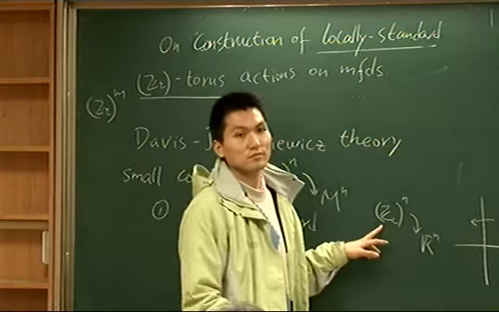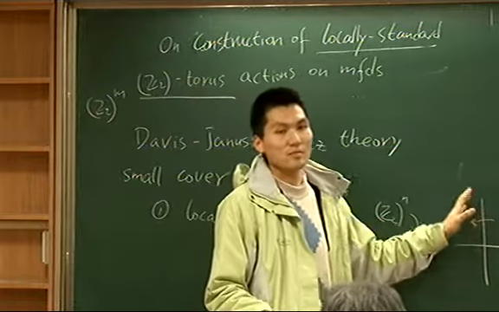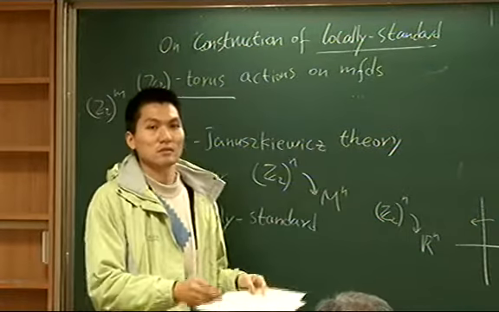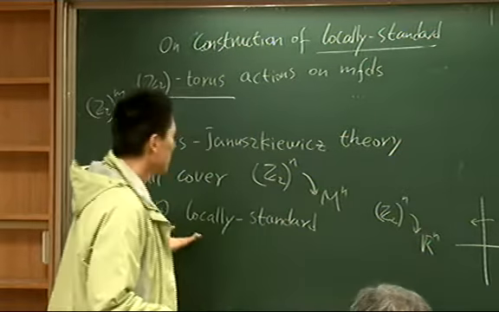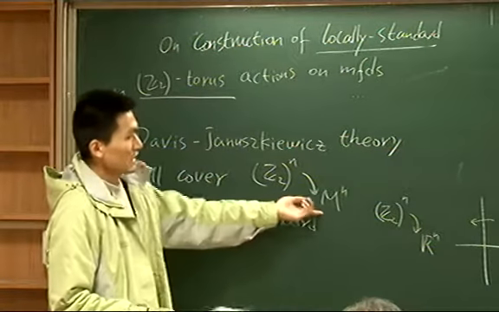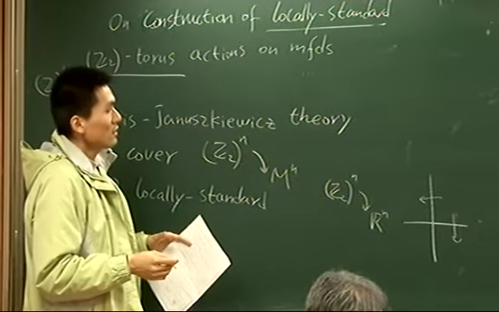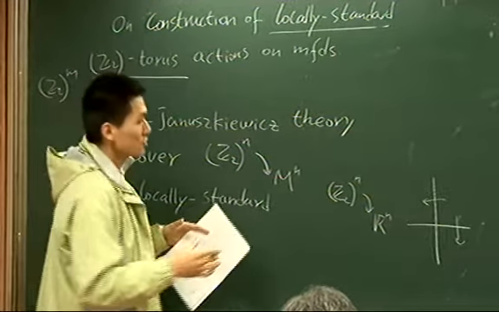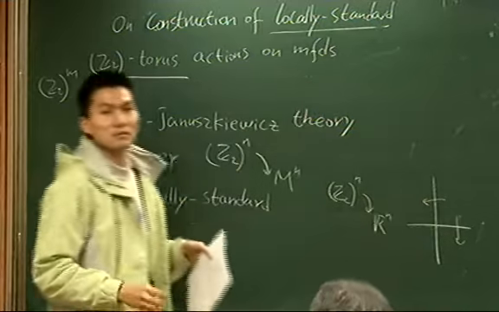The generators of this Z2^n act by reflections about the hyperplanes in R^n. So this is called the standard Z2^n action on R^n. So locally standard means that each point of M has a Z2^n invariant neighborhood that is equivariantly homeomorphic to invariant open neighborhoods in this model.